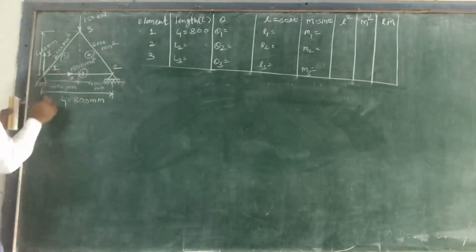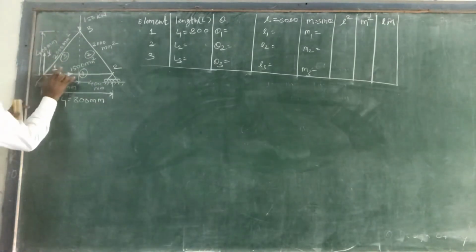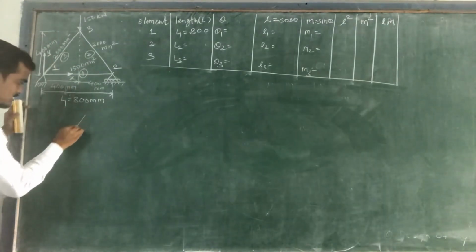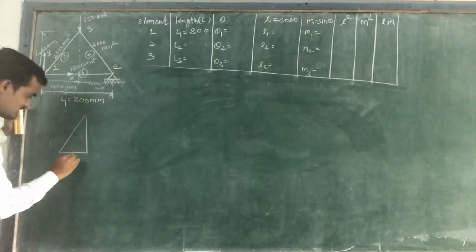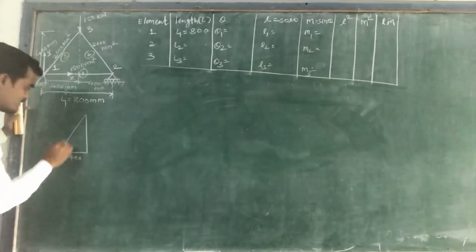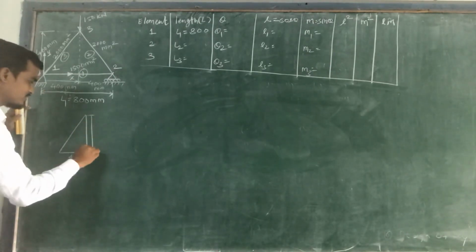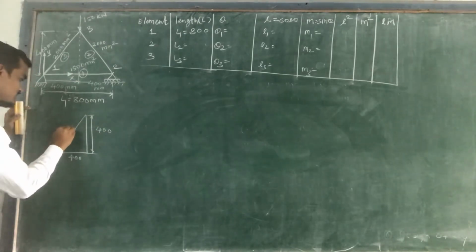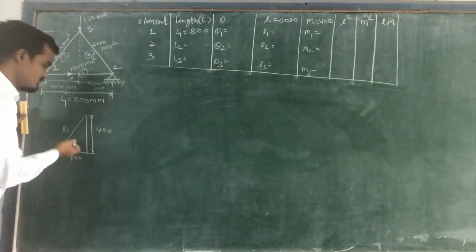As we know, this vertical length is known, this horizontal length is known, 400, 400, so this triangle will become like this. This 400 we know, this vertical distance also we know, 400, and this is your L. So by using the Pythagoras theorem, you can find out the value of L3.